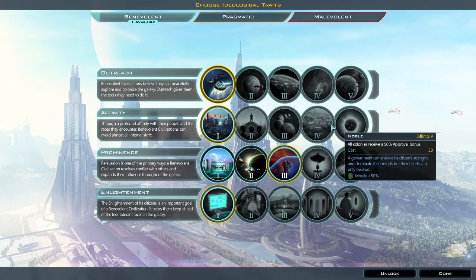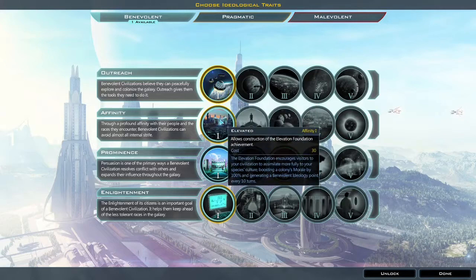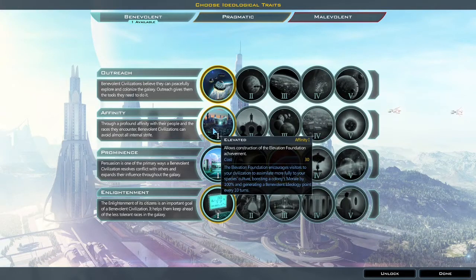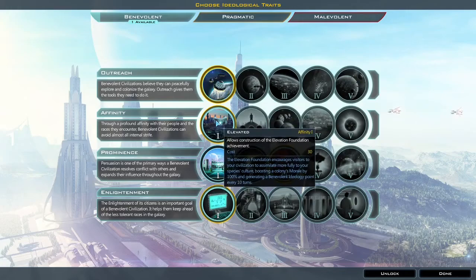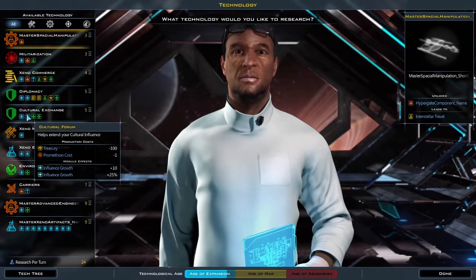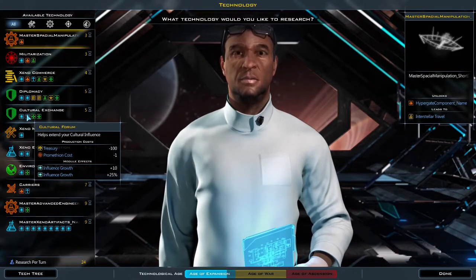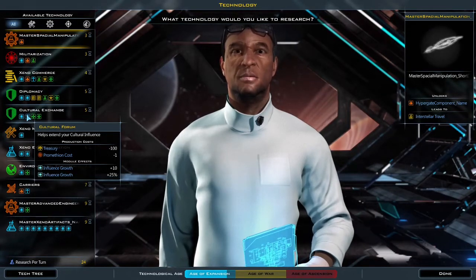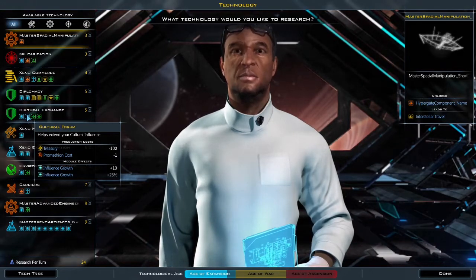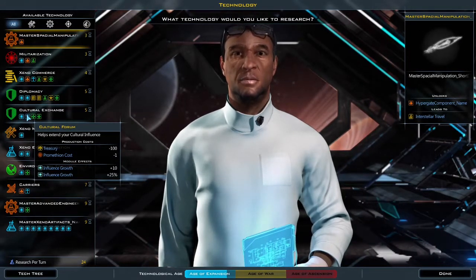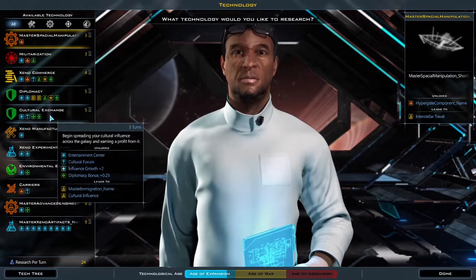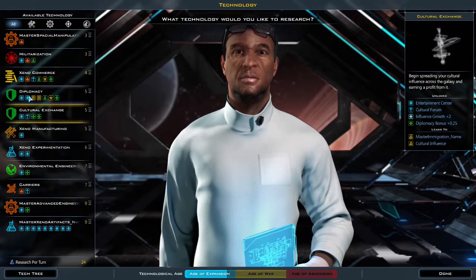So if you are going for influence, as I already said, benevolent is probably the best ideology that you can go for. And things like these also really help. Some research, for example the cultural forum, helps you extend your cultural influence by increasing your influence growth by 10 and by 25%. So I will go for that definitely.